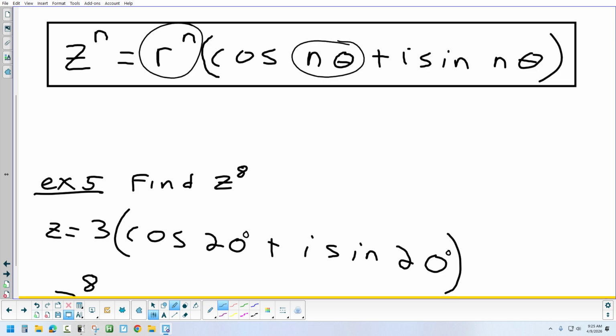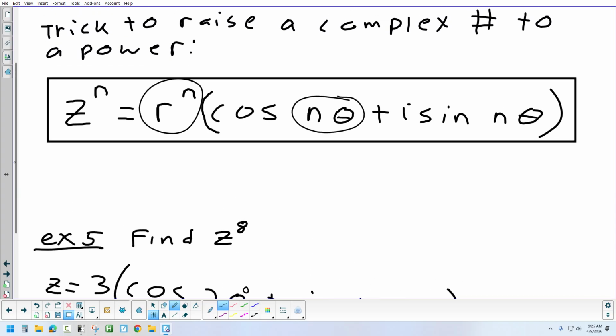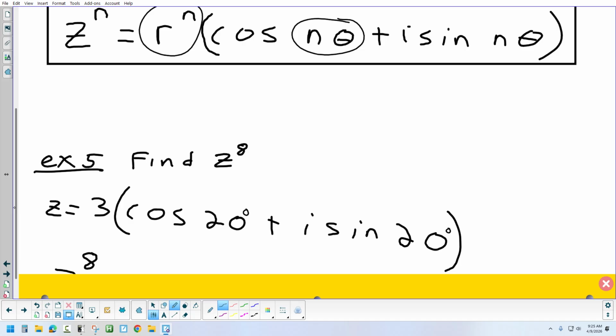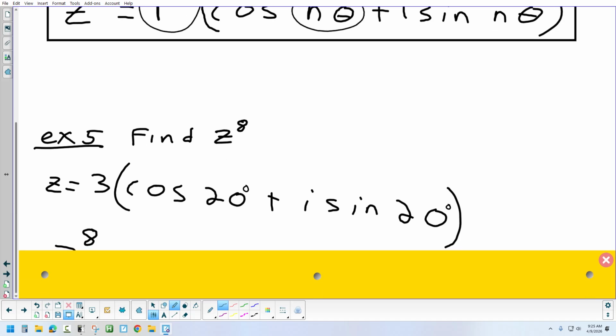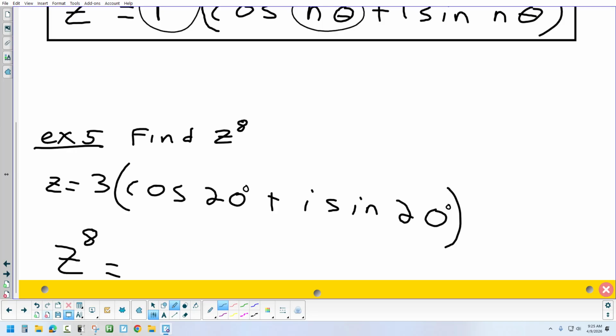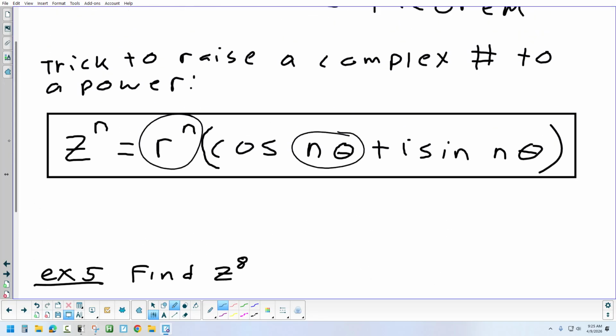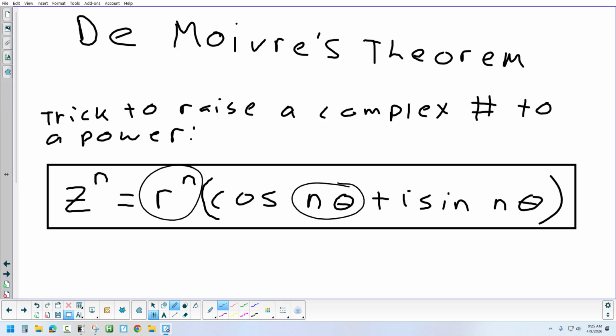So I want to raise that number to the 8th power, and it's already been put into polar form for you: 3 cosine 20 plus i sine 20. Let's write it out, raising it to the 8th power, and then we'll use this formula to do it. I don't know if I pronounced the name of the formula right, but it's pronounced de Moivre's theorem.